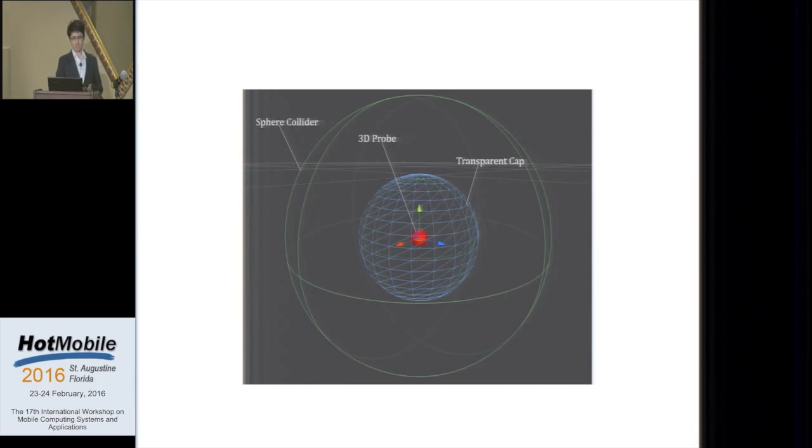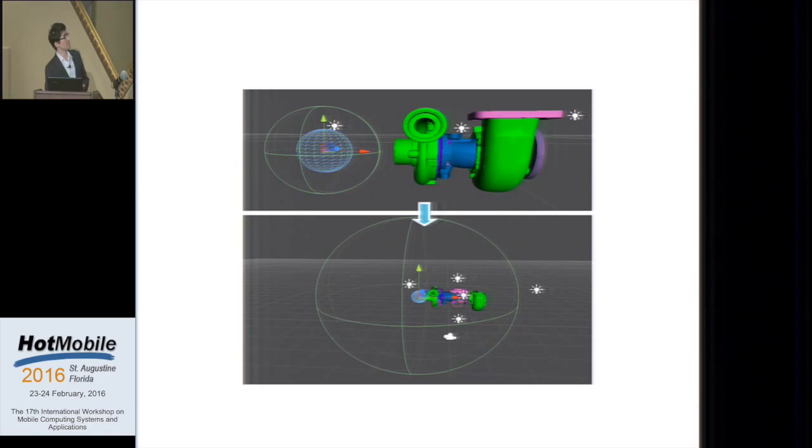The detail of the technique is that we have this little probe. We call the red sphere the probe, and how it works is that when it comes close to the model, it expands its sphere collider, then covers the whole model.